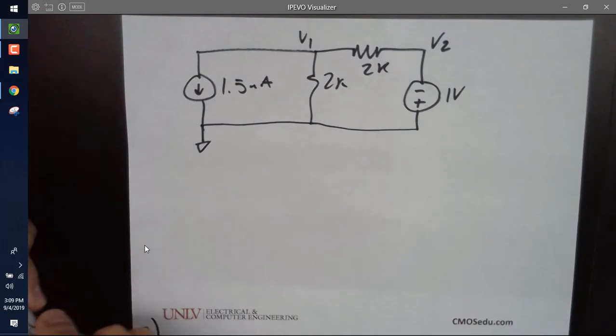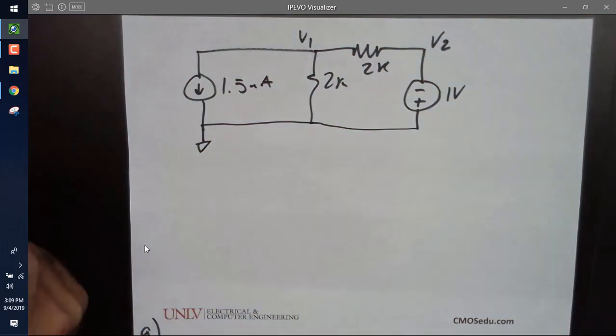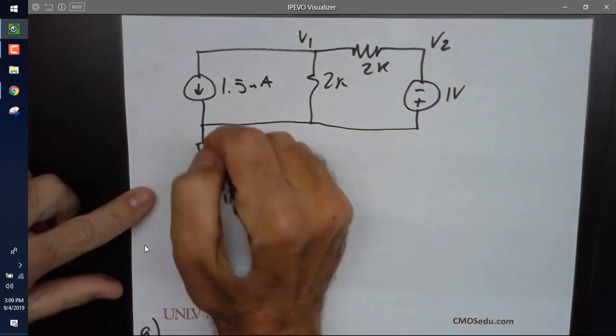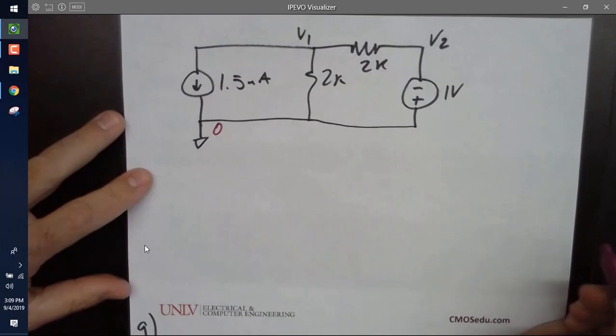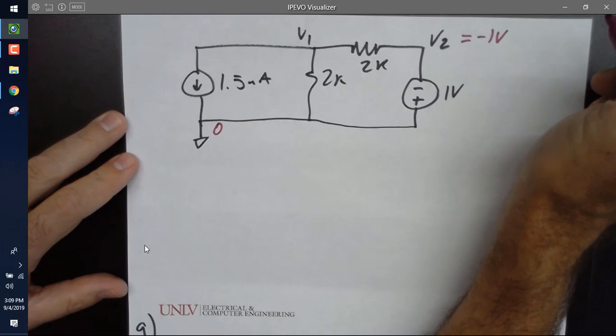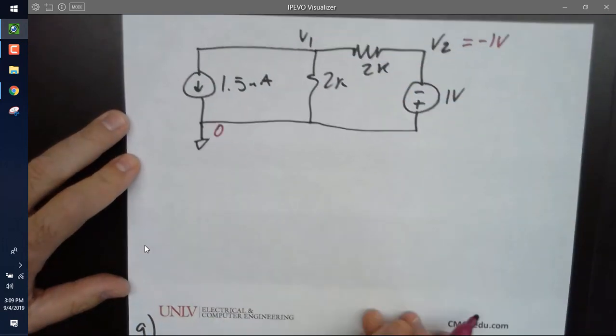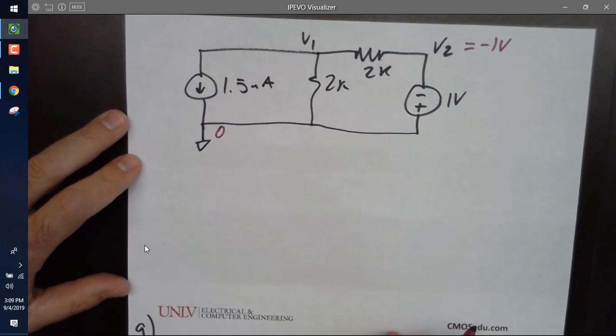All right, I'm learning. So what do I write first? 0. Now what? V2 is -1 volt. Anybody disagree with that? Okay, I don't know what V1 is, but tell me what I can do here. I want something super simple.